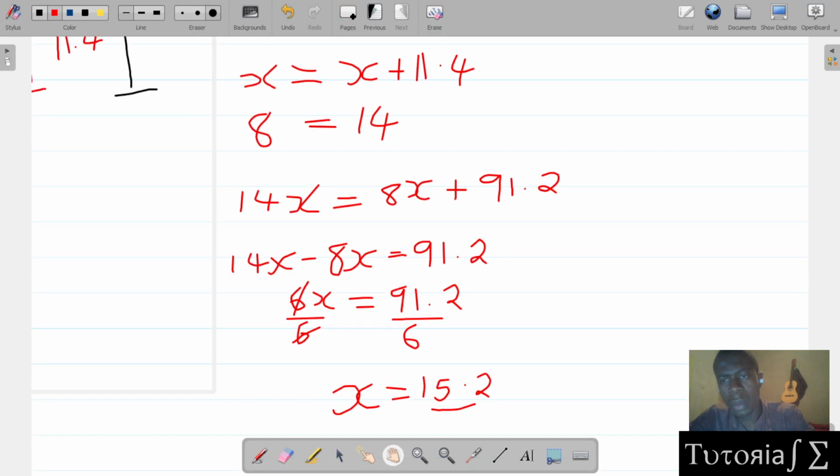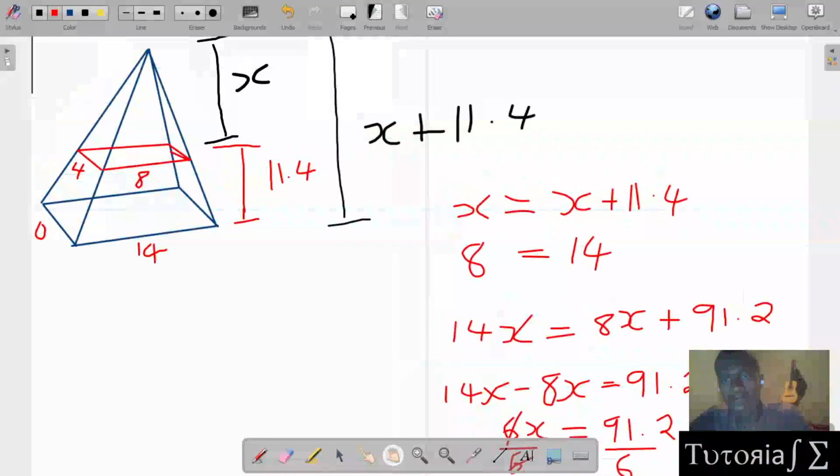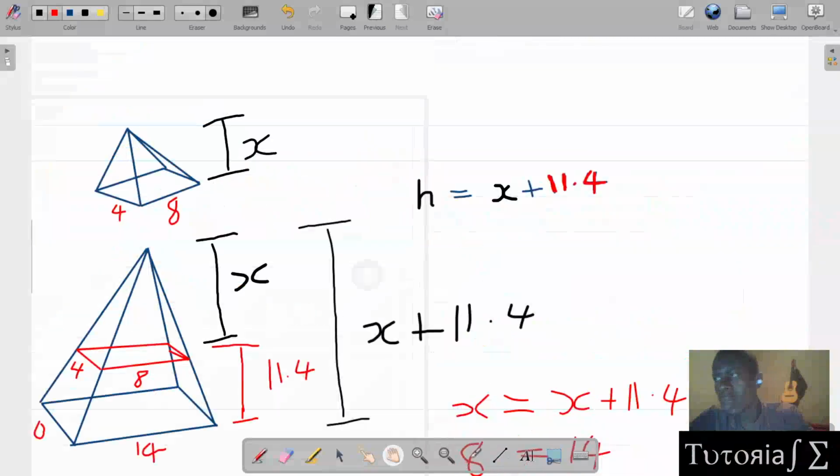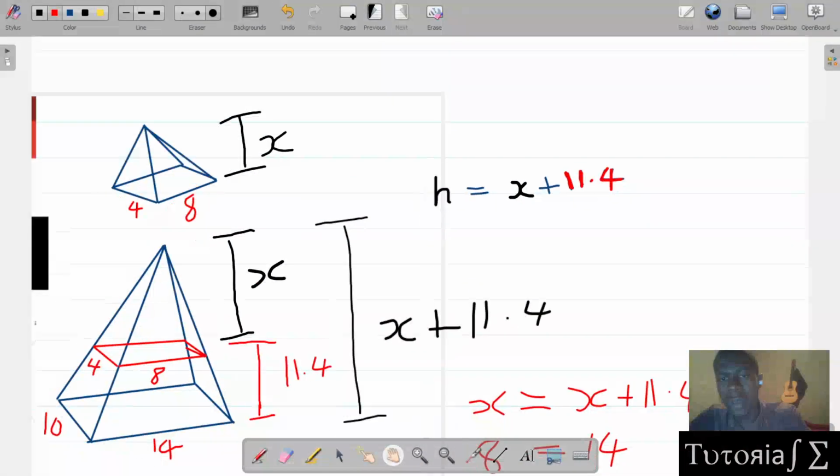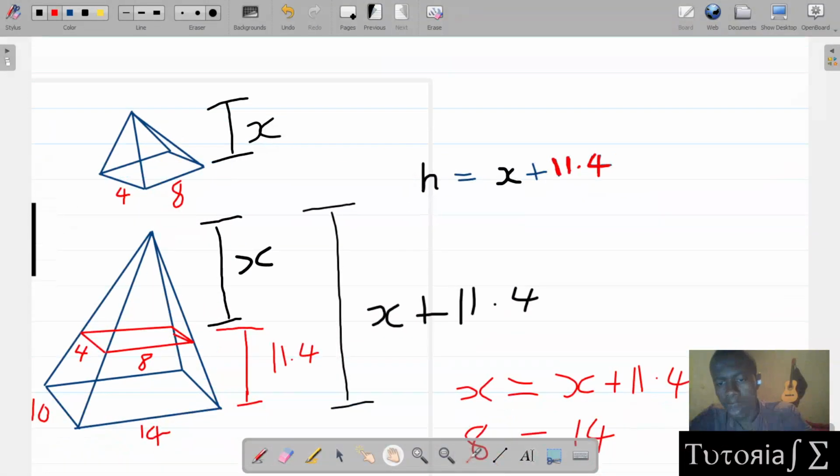So our x here is 15.2. So x here is 15.2.